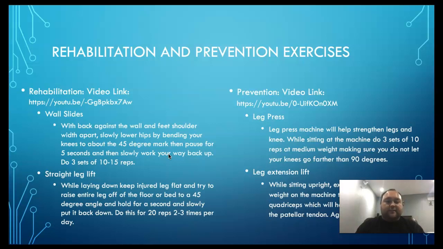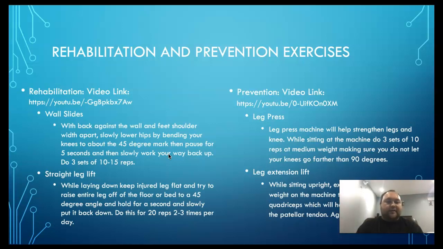The leg extension lifts. In my video, it was a little difficult not being in a gym. To demonstrate this, I had to sit in a chair. My legs were flat on the ground, so it was a little difficult. But you want to be sitting upright. Your legs should be off of the floor or close to it when you're using a leg extension machine.